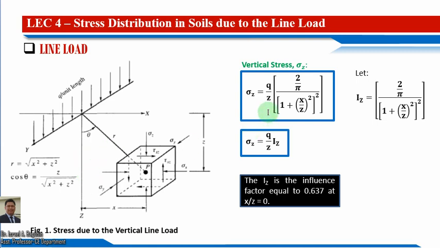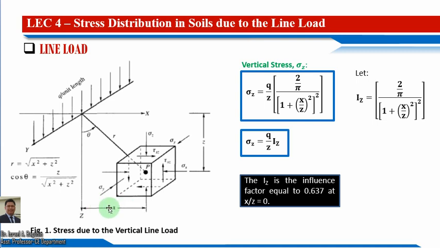By formula, the vertical stress is equal to the uniform pressure q over z times the quantity 2 over pi over the quantity 1 plus x over z squared, raised to the power of 2. If you remember from the point load, the distance there was denoted by r.